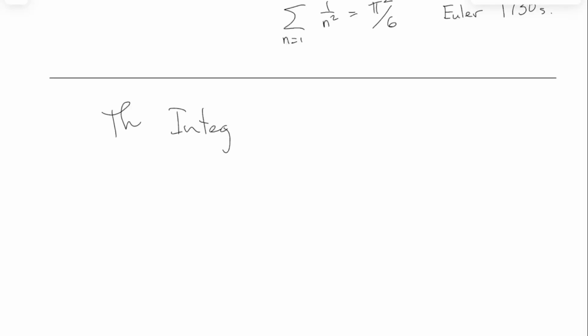This is called the integral test. The integral test is a way of showing that a series converges by viewing it, instead of as a series, as an integral, and then hopefully you can use tricks to evaluate the integral. That's the idea.